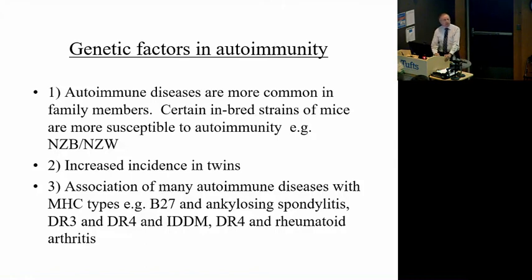There seems to be an increased incidence in twins. If one twin's got rheumatoid, the other has a higher incidence of rheumatoid. And there is an association of many autoimmune diseases with particular MHC types. So you know about the association of B27 with ankylosing spondylitis, or DR3 and DR4 with type 1 diabetes, or DR4 and rheumatoid.